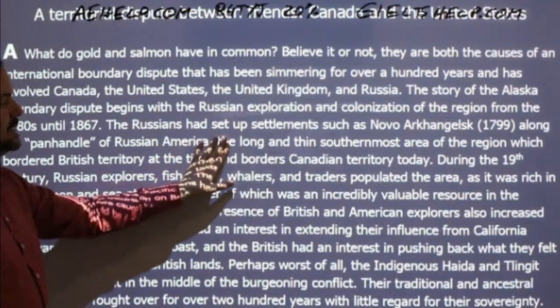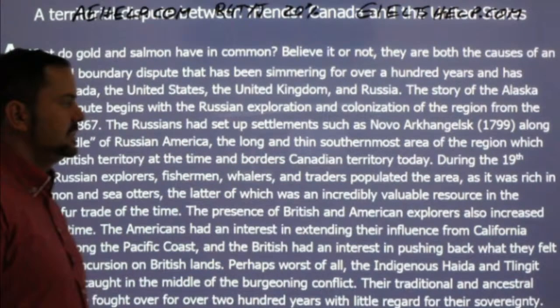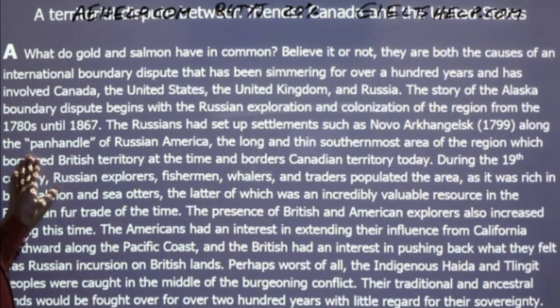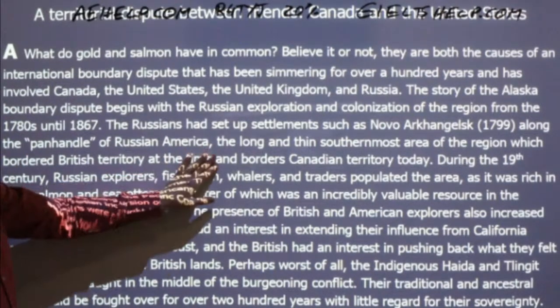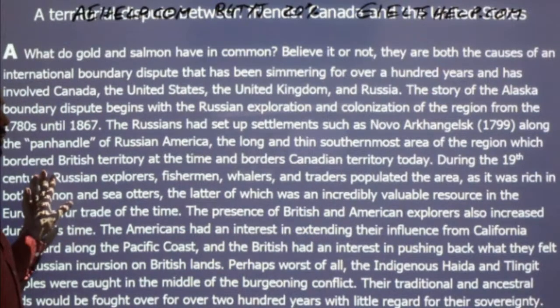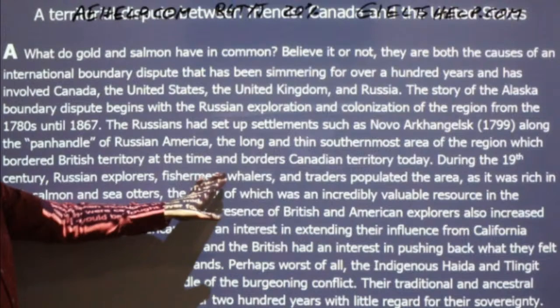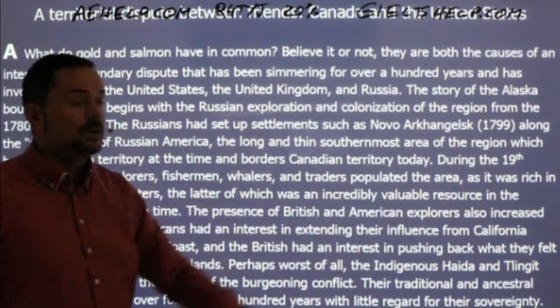The Russians had set up settlements such as Novoarkhanghelsk, 1799, along the panhandle of Russian America, the long and thin southernmost area of the region, which bordered British territory at the time and borders Canadian territory today.